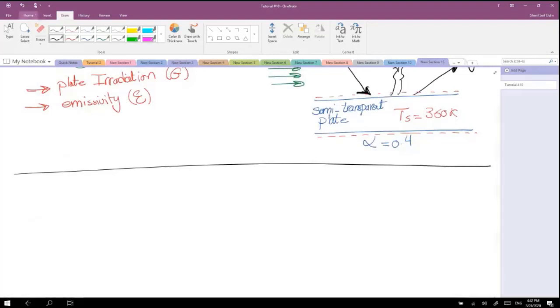So what we're going to do is just do an energy balance. Energy in is equal to energy out.